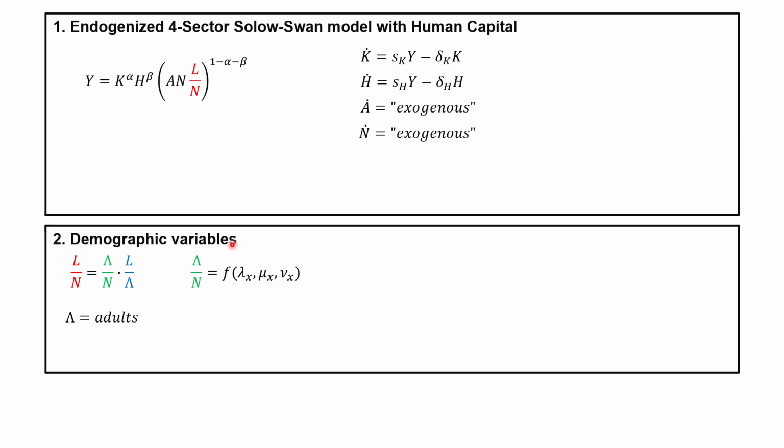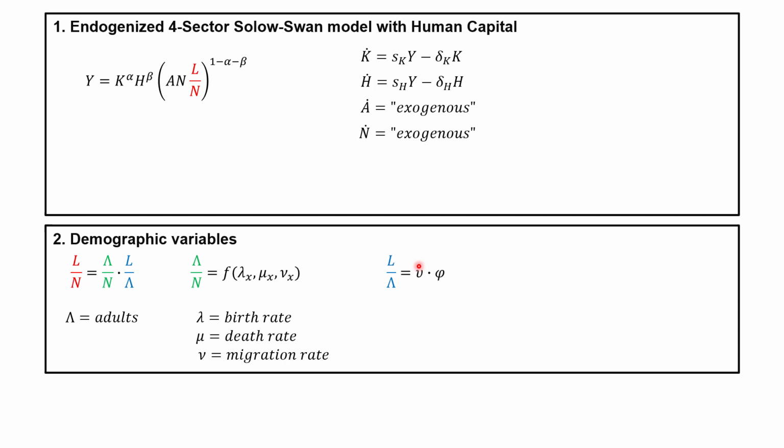So we'll start with adults per capita. That is a straight demographic function determined by your birth rates, death rates, and migration. So lambda for the birth rate, mu for the death rate, and the Greek letter nu for the migration rate. Those three demographic factors explain our ratio of adults per capita.